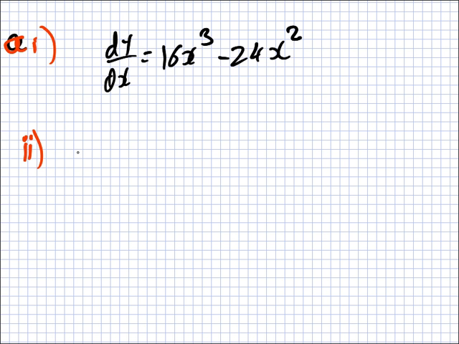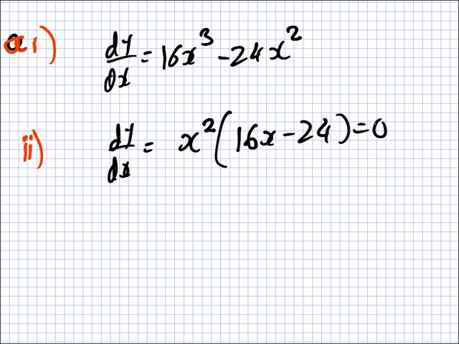Next, find the stationary points basically. So you need to solve for when the derivative is 0. I can take x squared out, can't I? And I have 16x minus 24 equals 0.